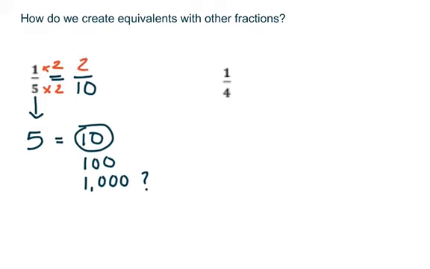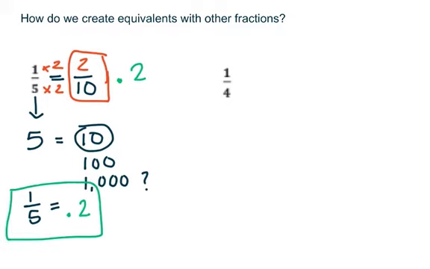So what I want to do now is take this 2/10 and change it into a decimal. My decimal would be 0.2. So I know that 1/5 is equal to 2/10 or 0.2. And that's going to be my final answer.